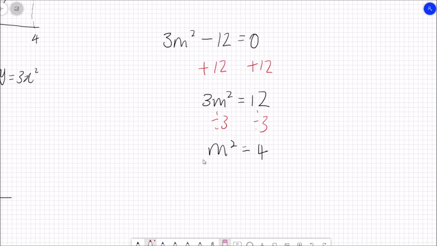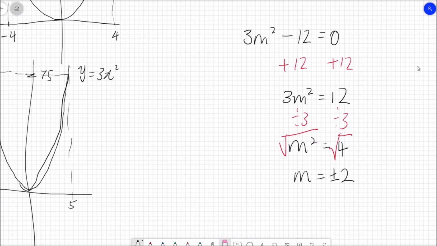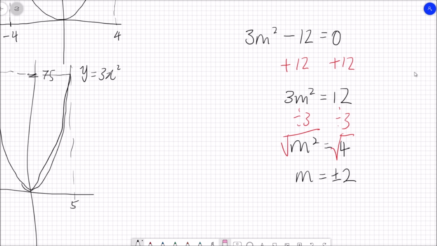Of course, you take the square root of both sides, and you end up with m = positive or negative 2. So once again, do not forget there are always 2 solutions. So that's some basic quadratic equations in a nutshell, and we'll move on to more complicated stuff later on.